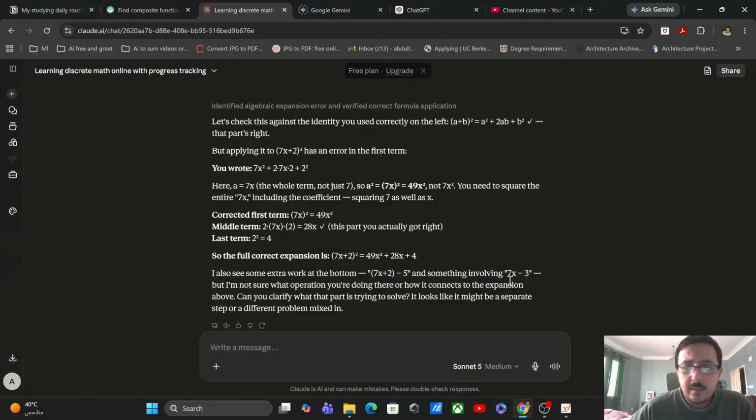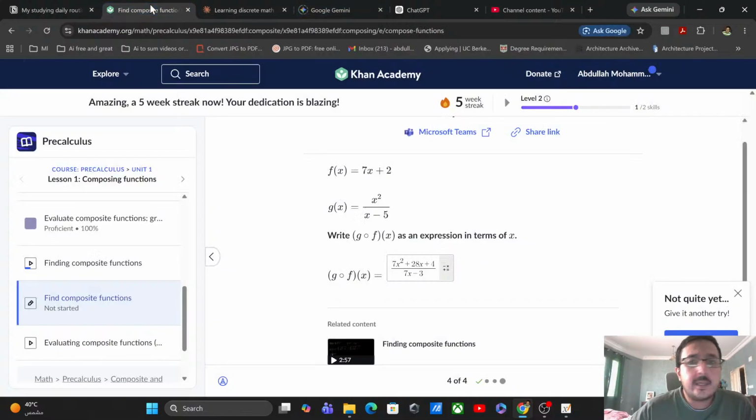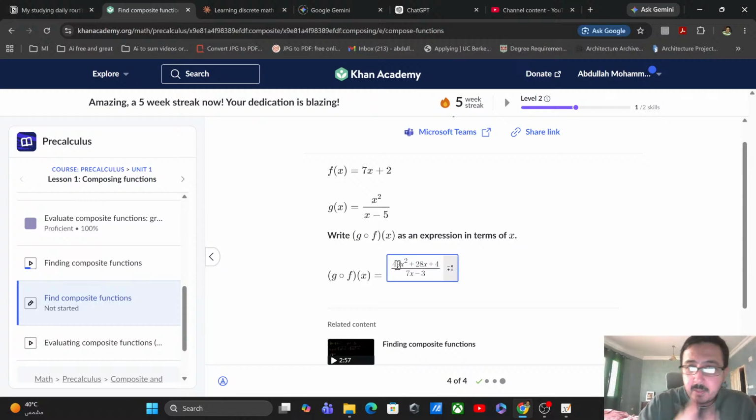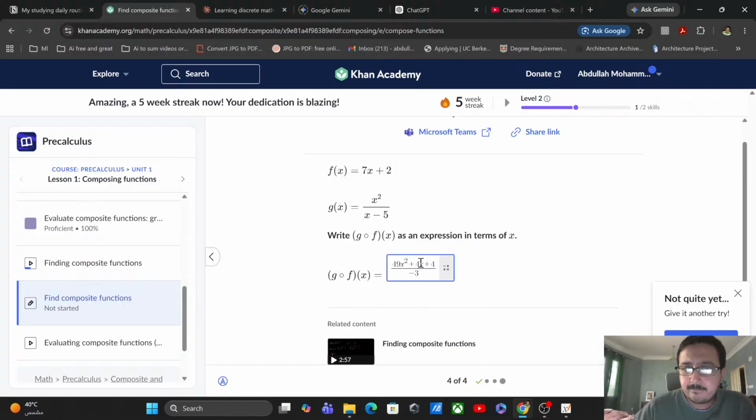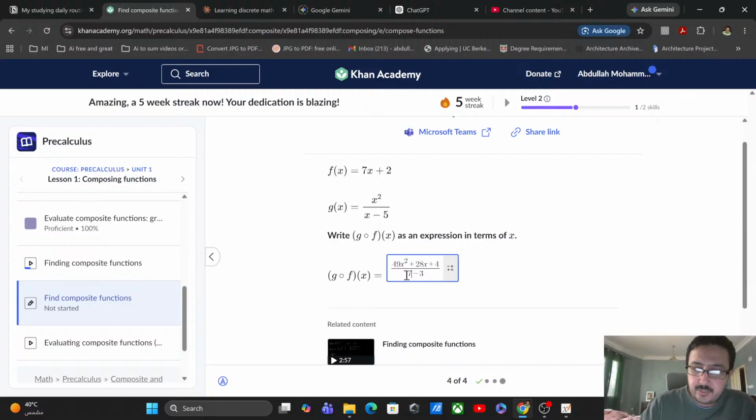Next, the expansion. Okay, I get it. So this is 49. Let's get back to our theory that this over this is 4x, and this is 28x, here's 7x.